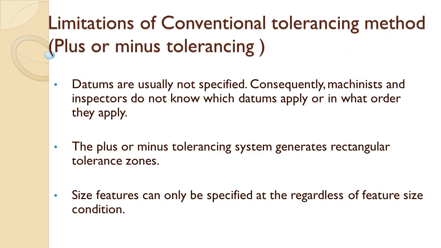Regardless of feature size means that the location tolerance remains the same no matter what size the feature happens to be within its size tolerance. For example, consider a hole feature. When hole size increases, it has more location tolerance, but there is no way to specify that additional tolerance with the plus or minus tolerancing system.